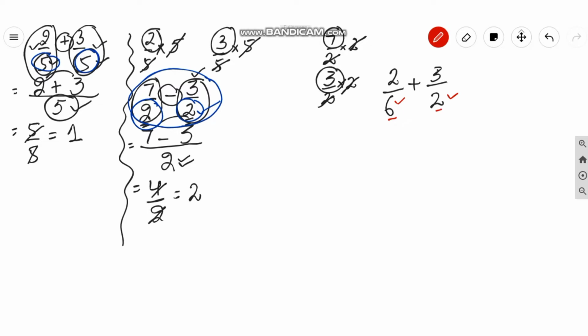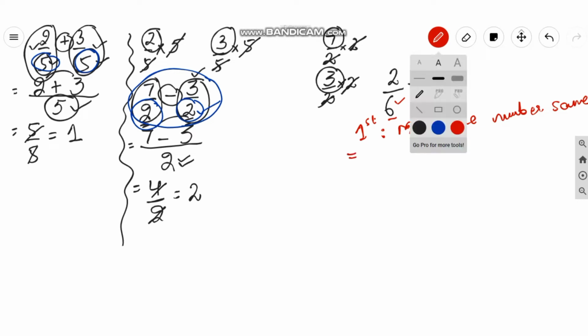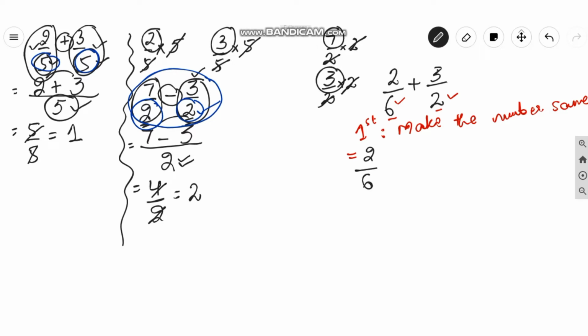Now the first method is to make the denominators the same. For example, the first rational number is 2 by 6 and the second is 3 by 2.